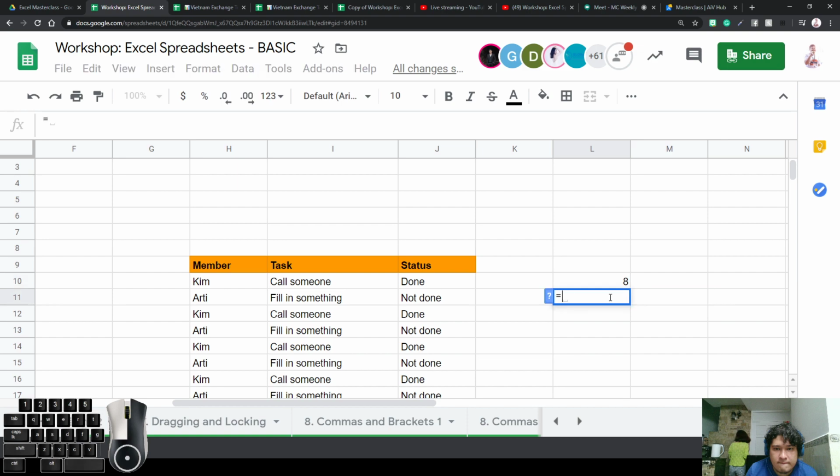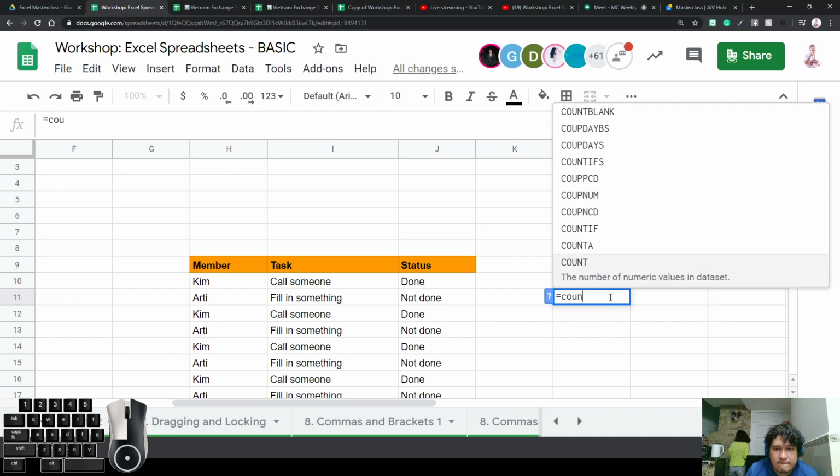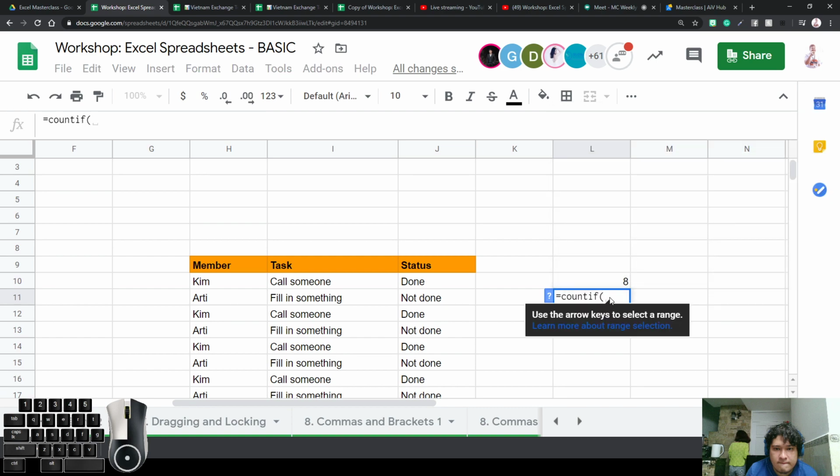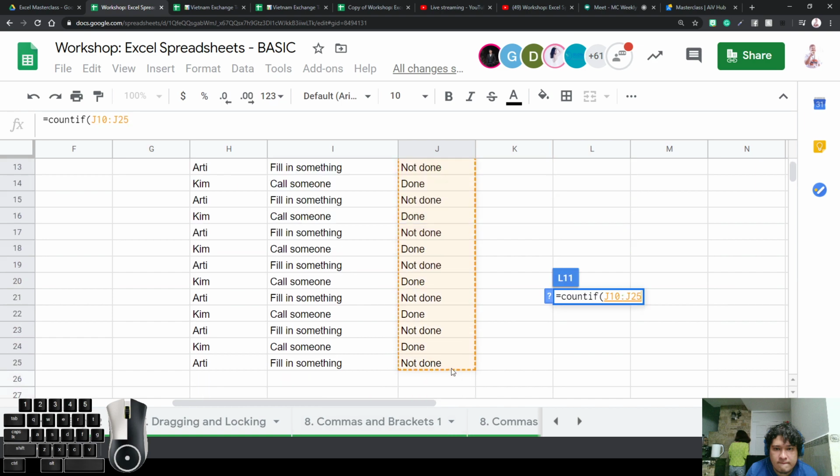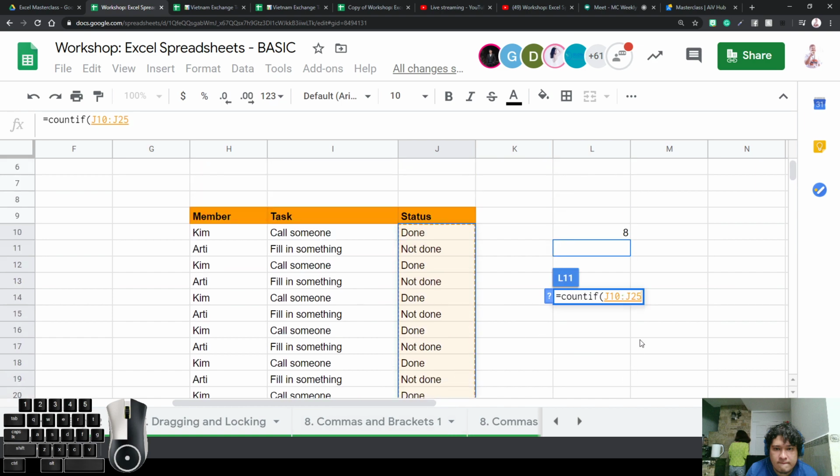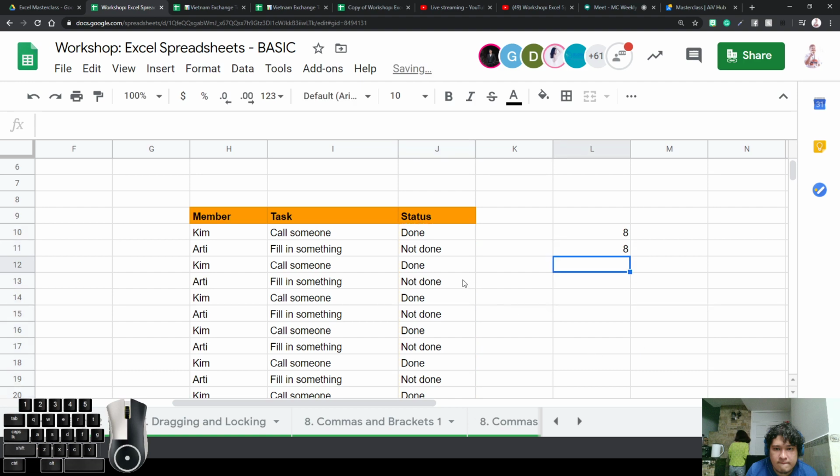Now let's say I want to do the same with tasks not done. So COUNTIF, the same thing. Let's select everything. Comma, "not done", close. Then I know exactly.